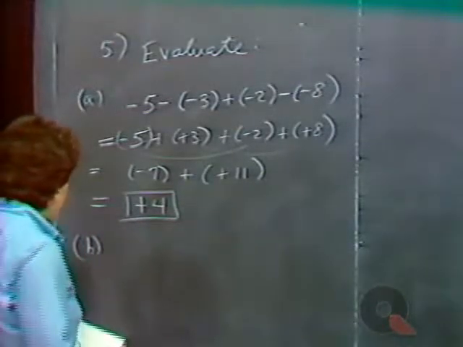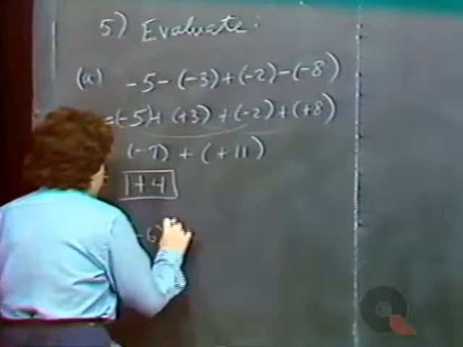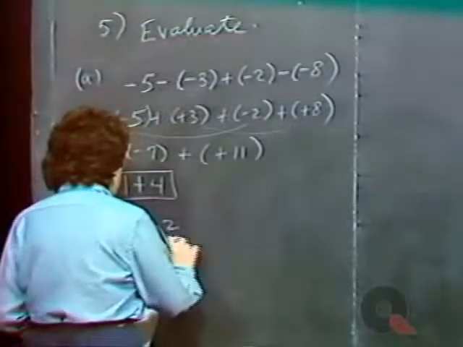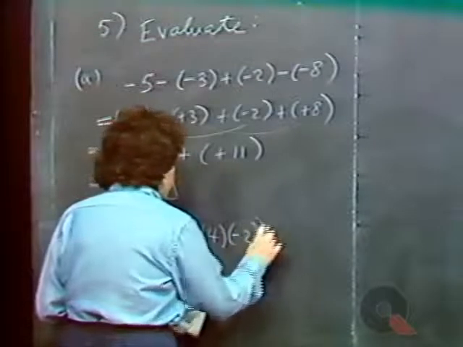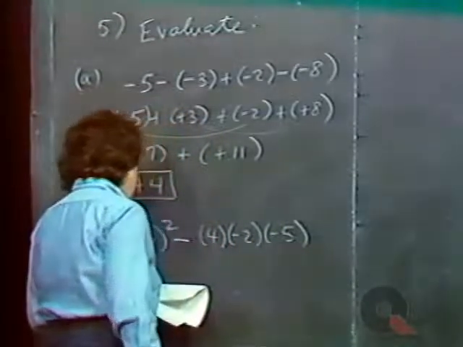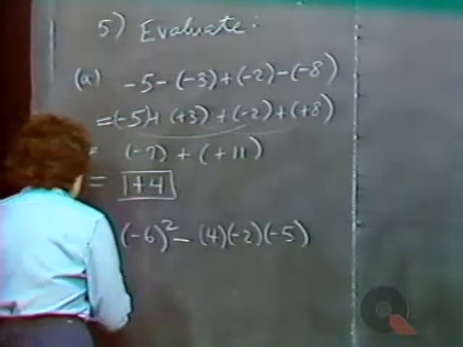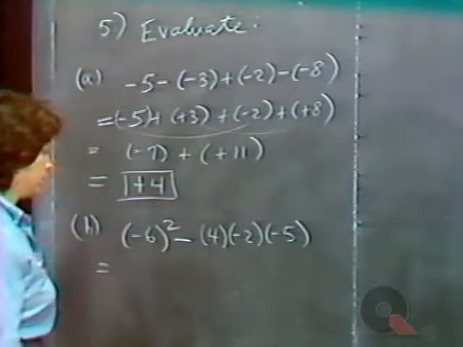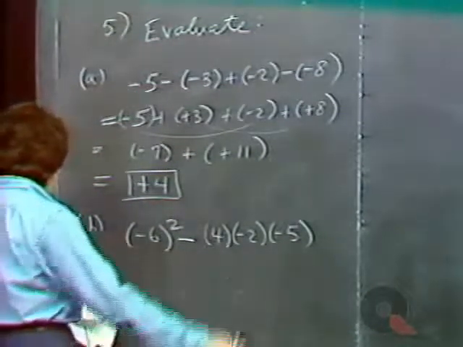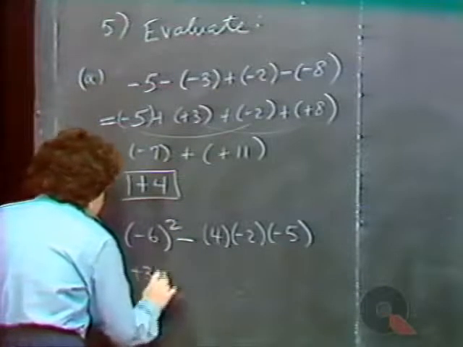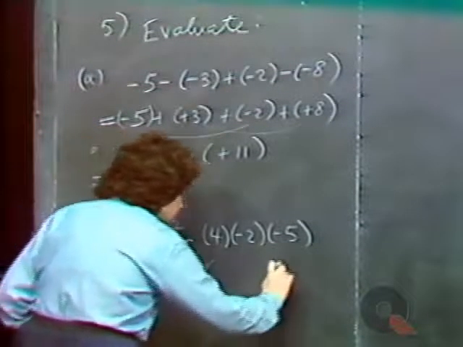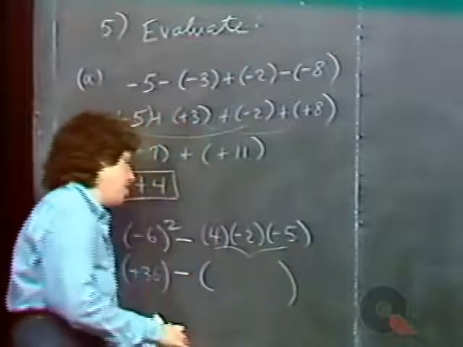The second part, minus 6, in parentheses, squared, minus the product of 4, minus 2, and minus 5. All right, minus 6 squared is plus 36. And subtract the product that we have here.